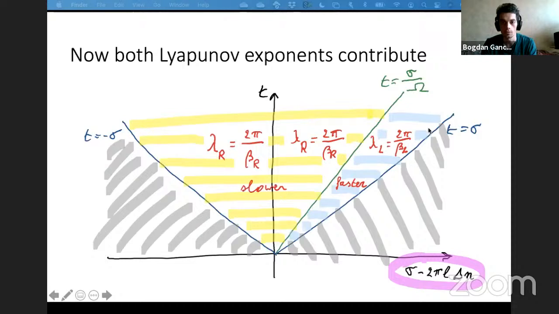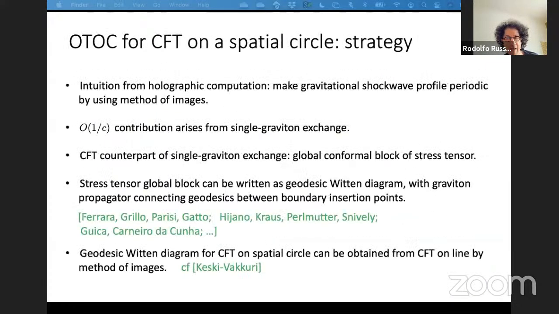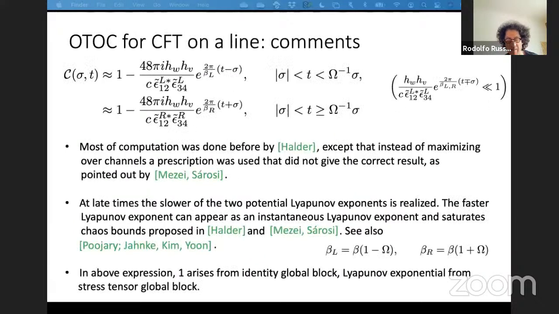I see Rodolfo had his hand up. Oh, okay, thanks. Hi, Ben, thanks for the talk. I had a question about the part where you consider the CFT on a line. If I understand, that's then, as you are showing, a cylinder, because the time direction is compactified to get the temperature.